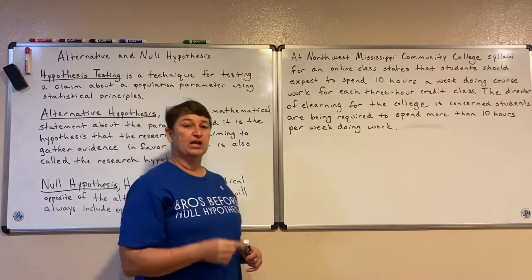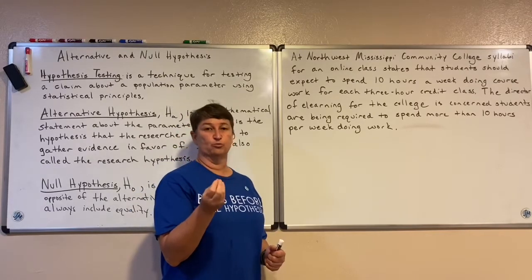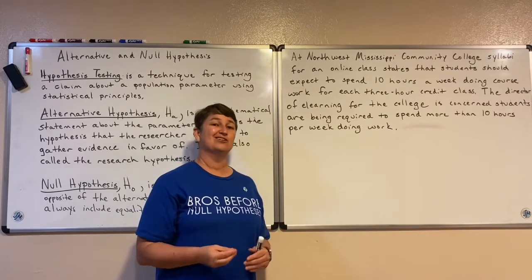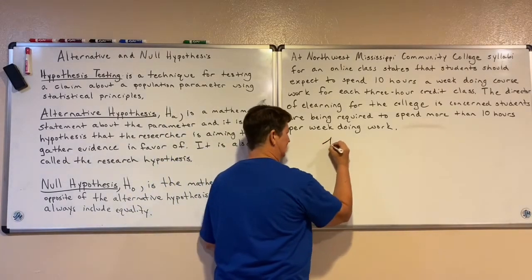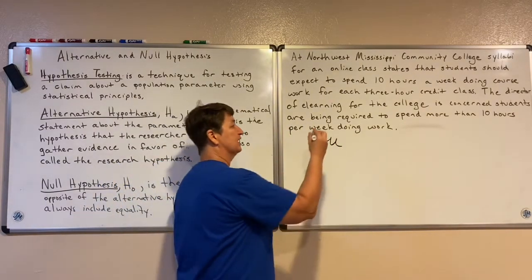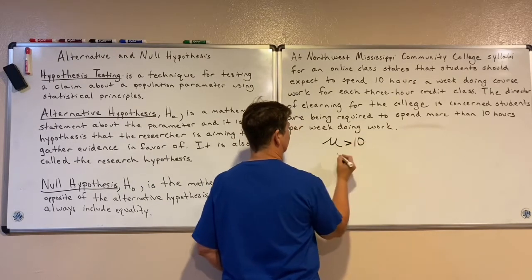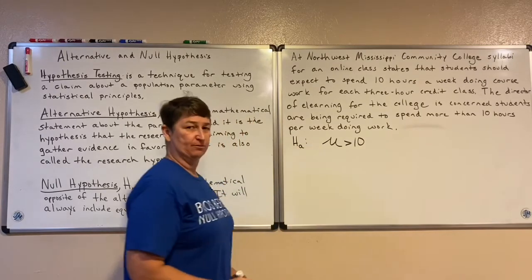So here the syllabus says the mean is supposed to be 10 hours per week, but the e-learning director thinks that the average amount of time they're spending is greater than 10 hours. That is our alternative hypothesis.